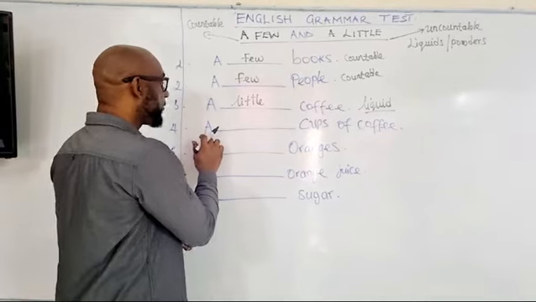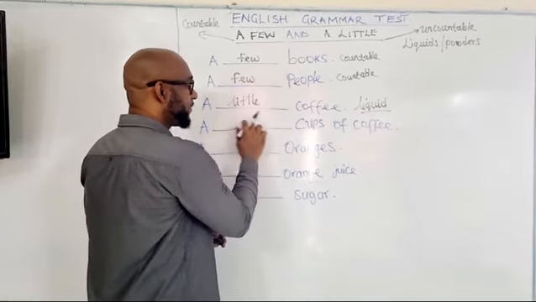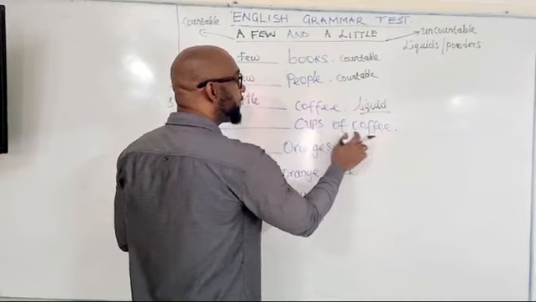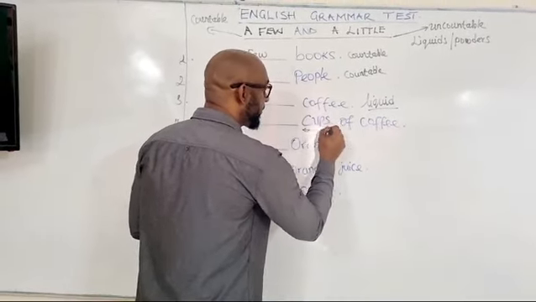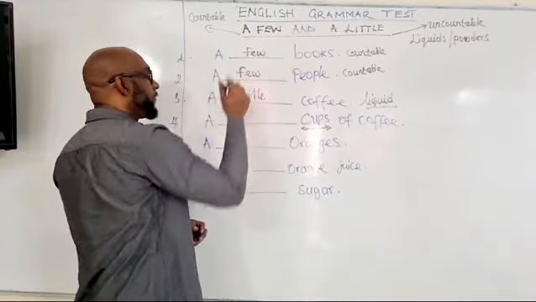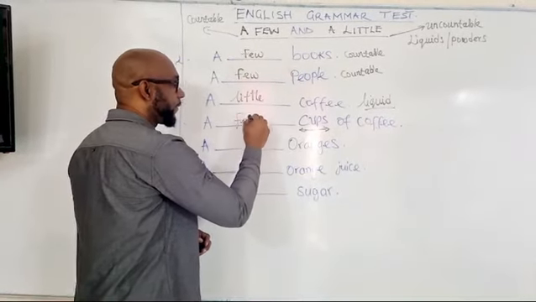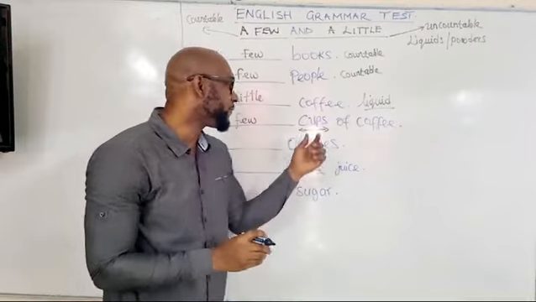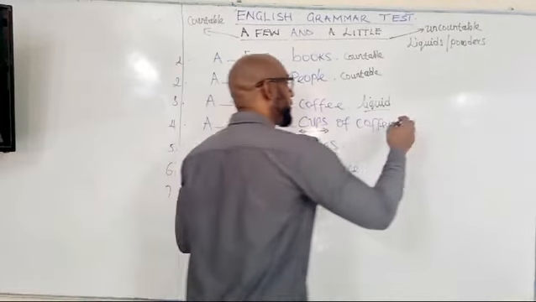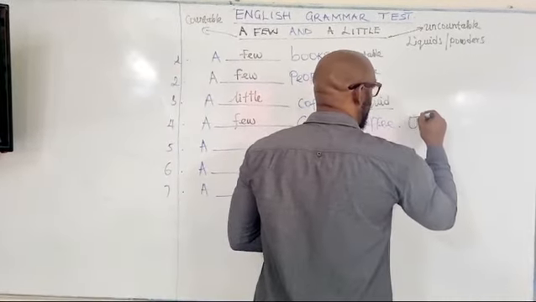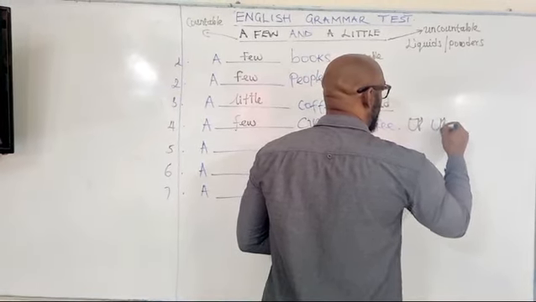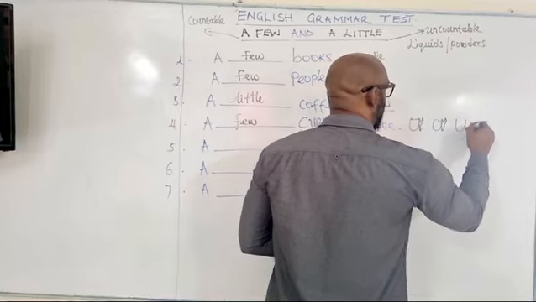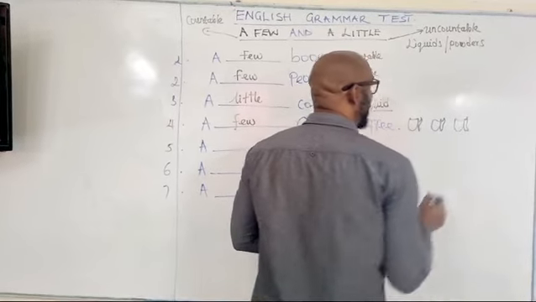Now we go to a space cups of coffee. Now because we have cups, we are going to go to "a few." I'll explain this. When we talk about cups, we can count cups. Alright? Cup, another cup, and another cup.